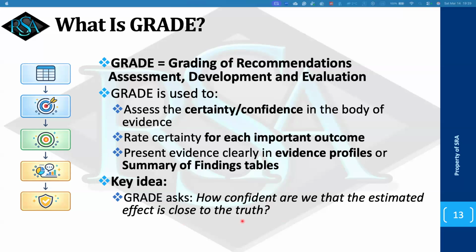No, Doctor. Sorry, concerning this grading, I want to know what is actually the essence of applying this grading when you're writing a systematic review? That is, if your systematic review doesn't have any grading, does it make it incomplete?